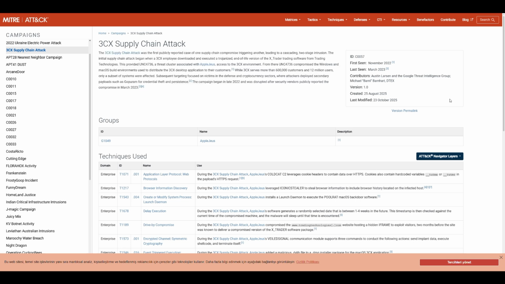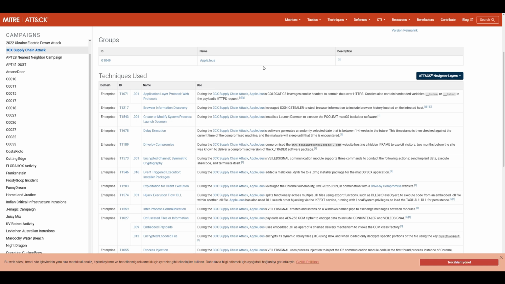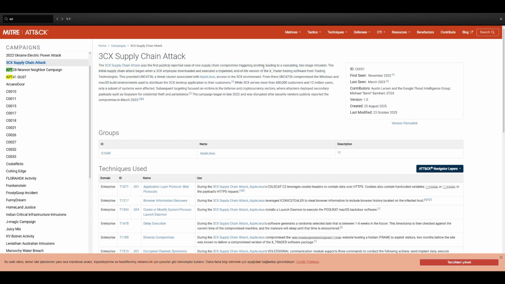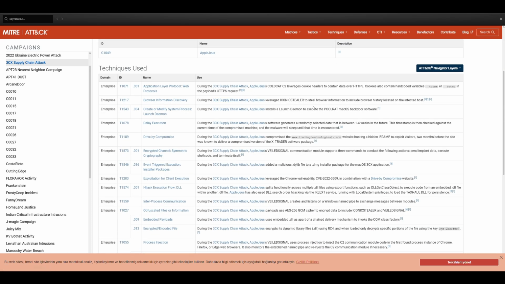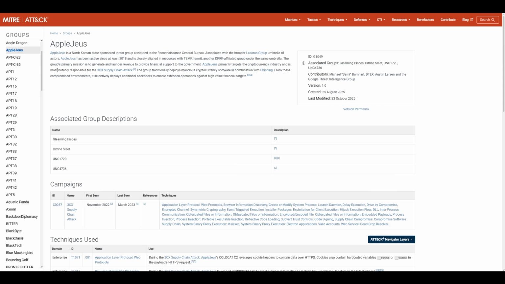This campaign is attributed to the AppleJeus cluster, a subset of the North Korean state-sponsored Lazarus group. The level of sophistication confirms this was a targeted, state-led operation.